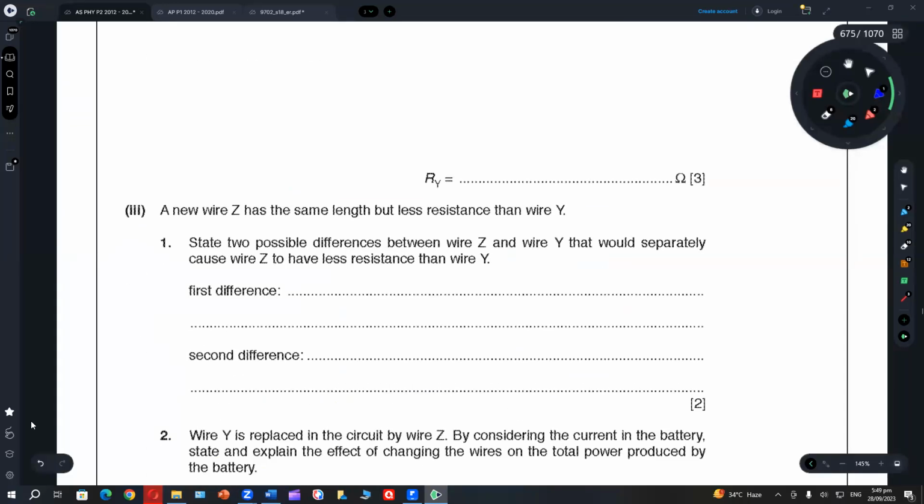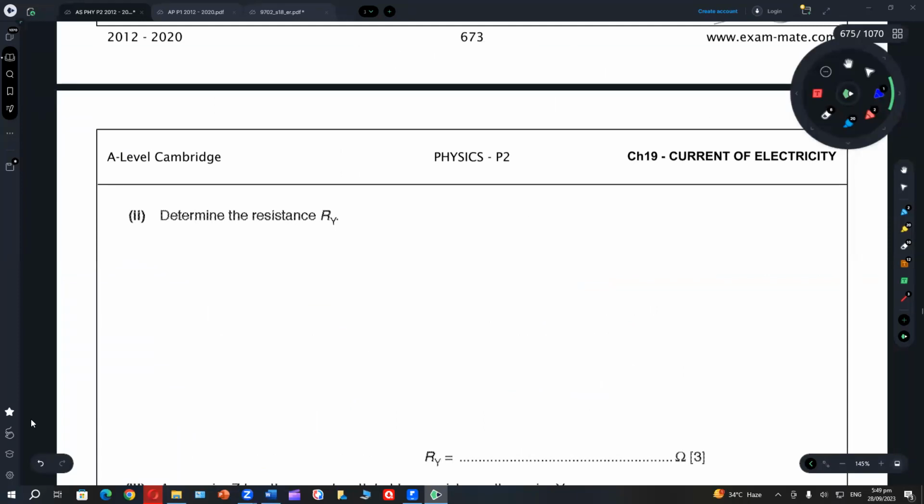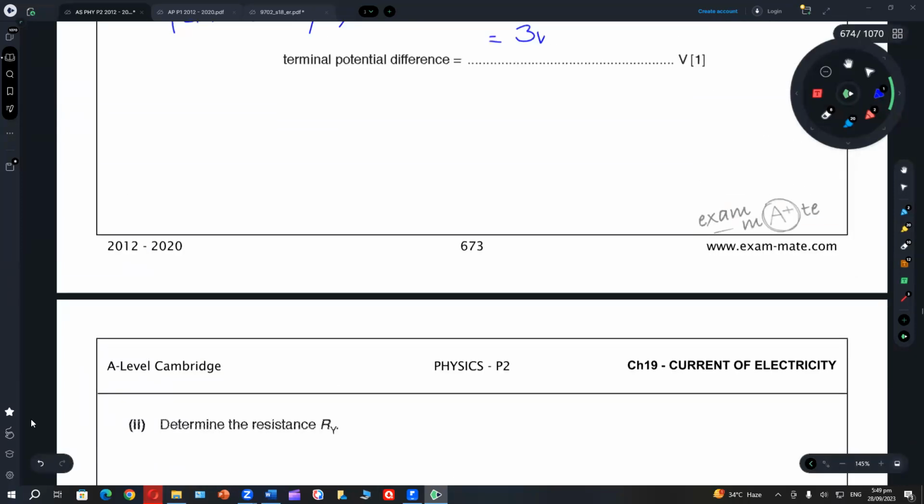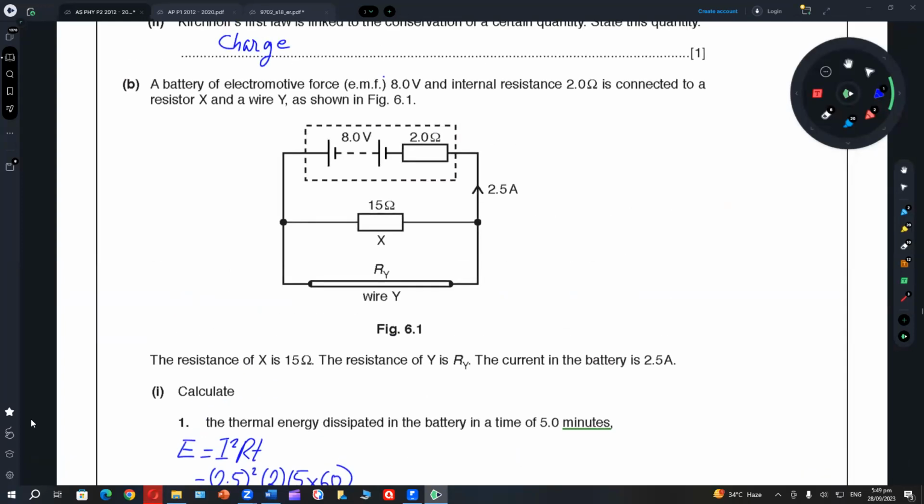Determine the resistance Ry. PD is the same in parallel. So I should first try to find the current in the 15 ohm resistor.